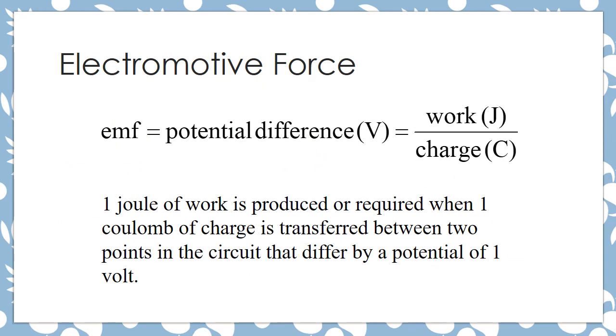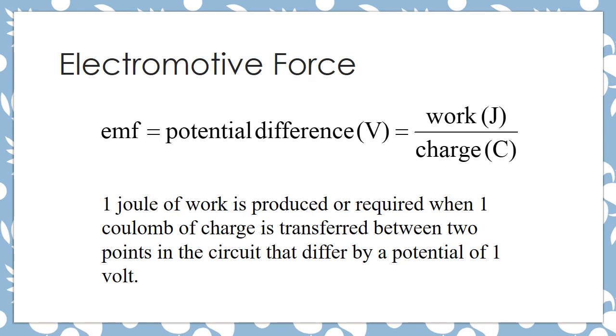The last thing, and since we won't really have time to go into the math here, but we do go into this in physics, which is why I just touch on it conceptually here, is the idea of electromotive force. When we talk about voltage, we're really talking about a potential difference, and we use that voltage to produce electromotive force. If I do 1 joule of work when 1 coulomb of charge is transferred between 2 points, that's 1 volt.